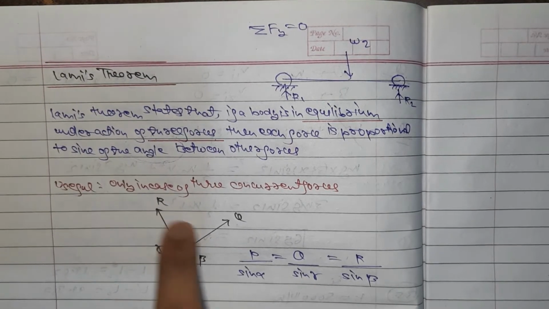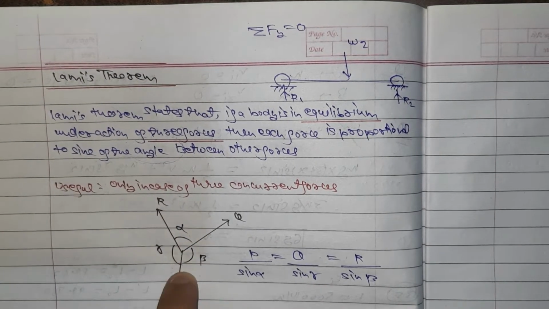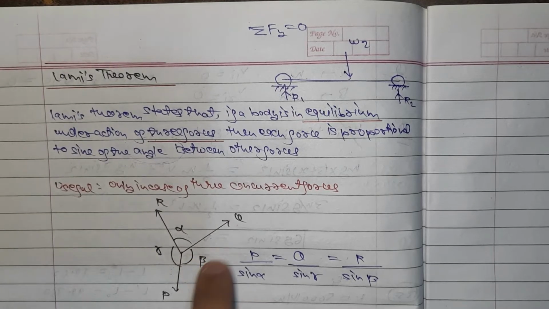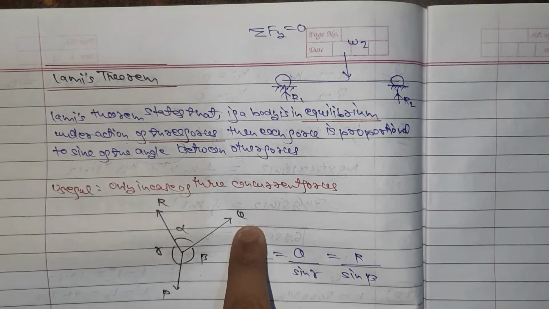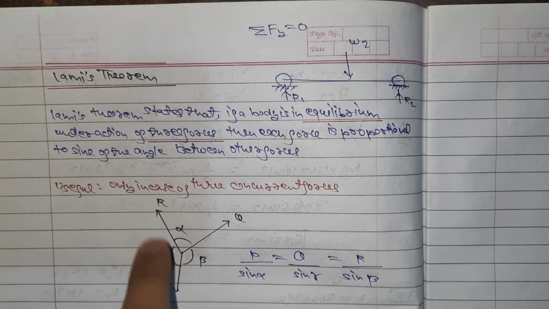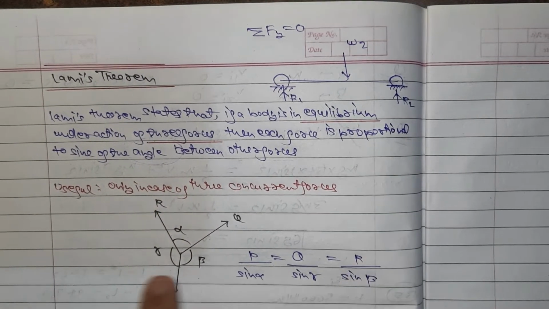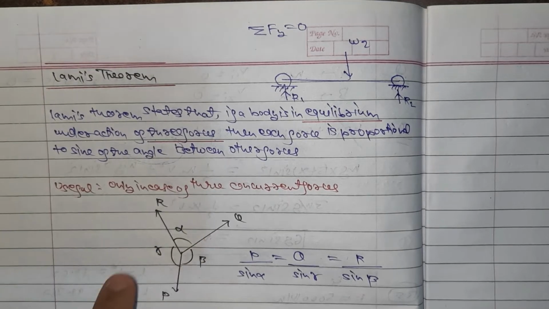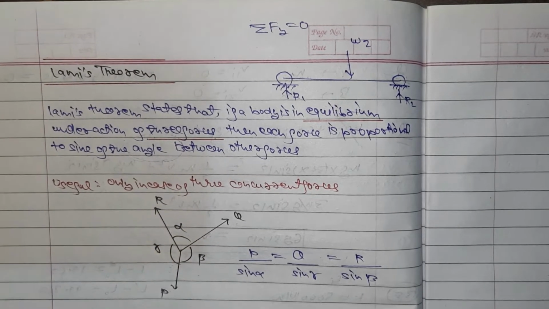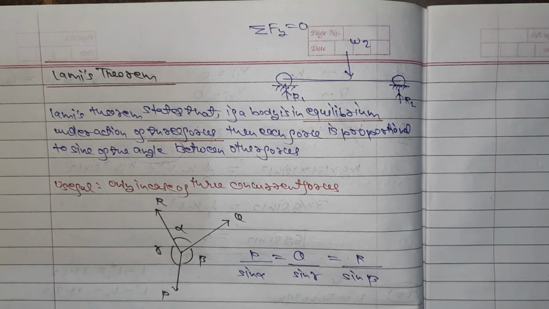And if I take R, then what is the angle between the other two forces? Beta. Definitely beta is the angle between P and Q. If I take gamma, it is the angle between R and P, but R we are already taking here, so we can't take alpha, neither gamma. Hope you are getting everything.